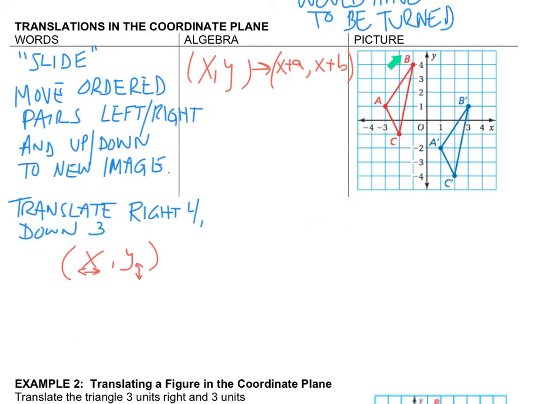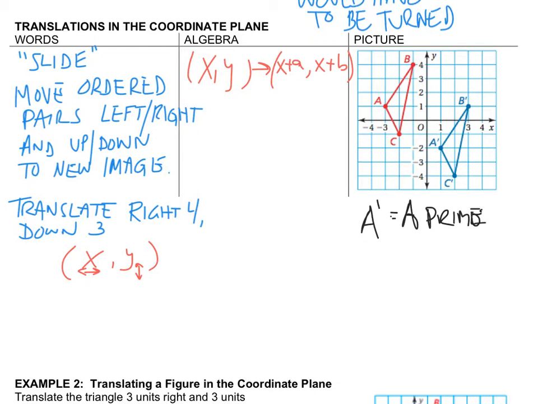Now, if I look at the picture over here, this is showing us a picture of a translation where triangle A, B, C is my original triangle. How do I know that? I'm looking at two triangles, so how would I know which one's the original? Well, the reason I know this is that this notation right here, A with that little 1, actually reads as A prime.